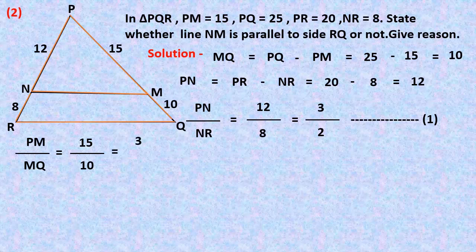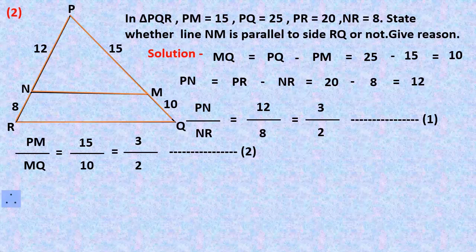Therefore PN divided by NR is equal to PM divided by MQ, and the reason is, from equation 1 and 2, if the ratios are similar, then we can use which theorem?